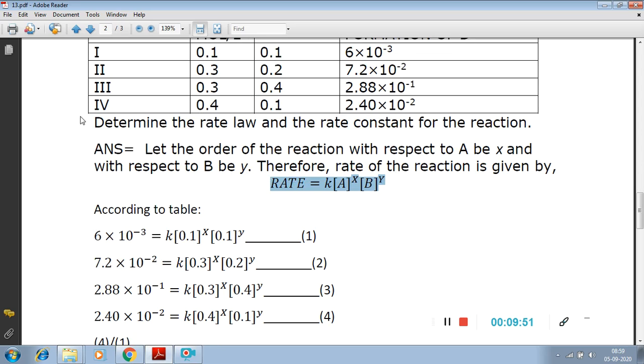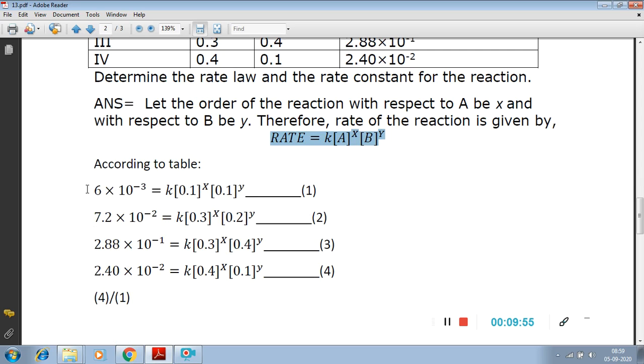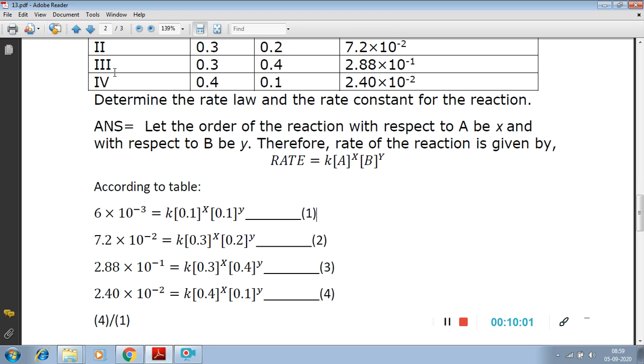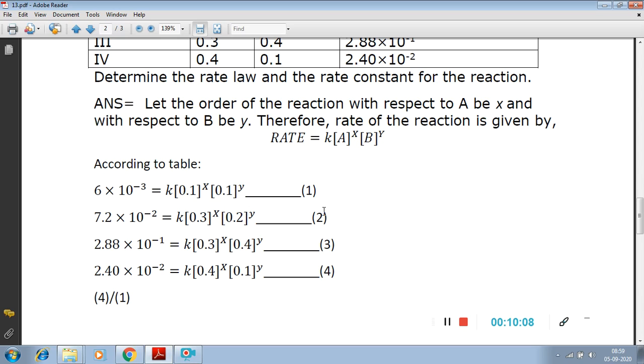Put these three values in the equation. Here you can see I have written them in the equation. That is our equation number 1. Similarly, for the second experiment, put the three values in the equation. That is our equation number 2. Similarly for equation number 3 and equation number 4. We have four equations now.